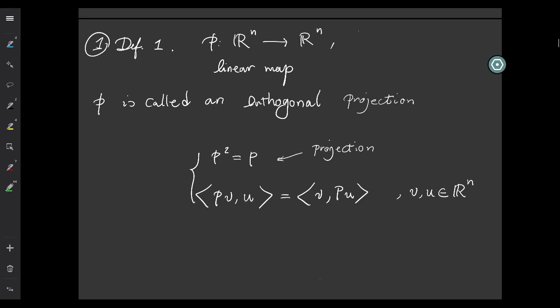Then we call P an orthogonal projection if P squared is equal to P, meaning that P of P is equal to P, and the inner product property holds, for every V and U.